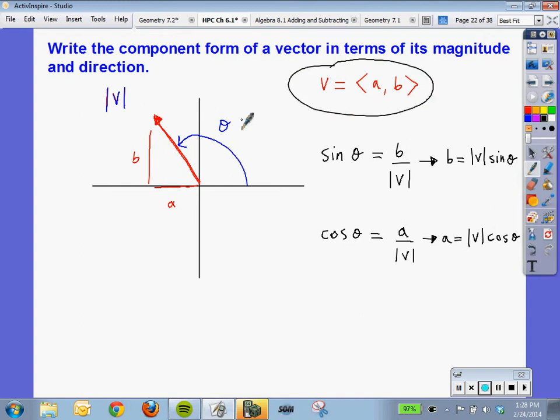Well, this is how we learned how to write component form, right? And we have what a and b are equal to right now with a magnitude and a direction angle. So let's go ahead and rewrite a new definition. We can say that magnitude of v times cosine of theta is taking the spot of a, and magnitude of v times the sine of theta is taking the spot of b.